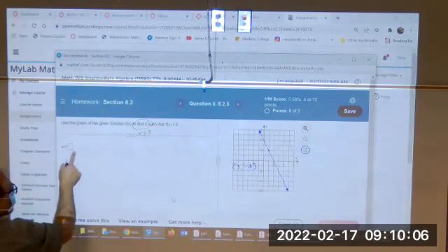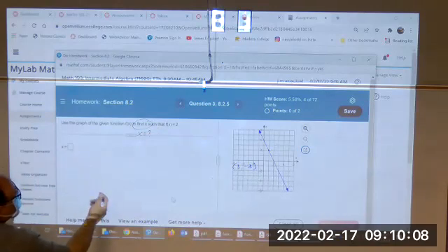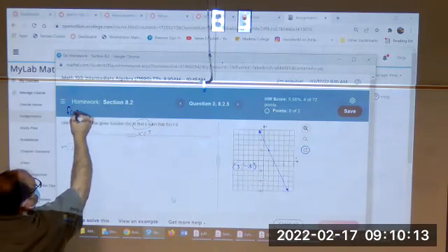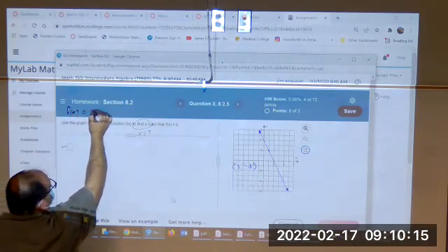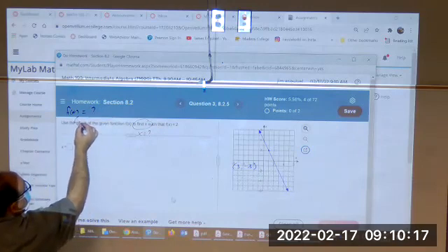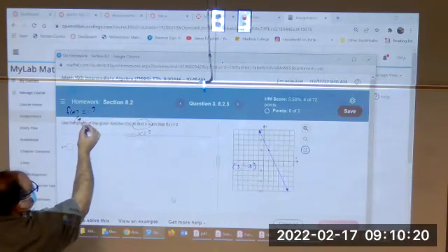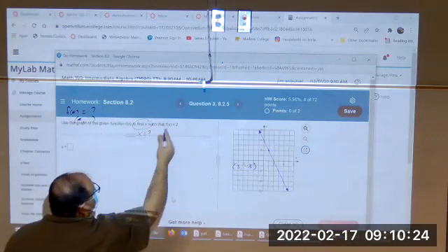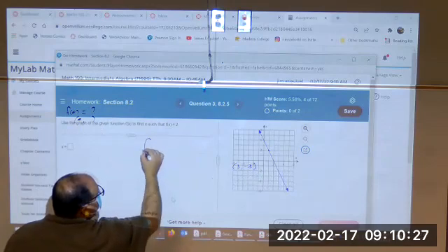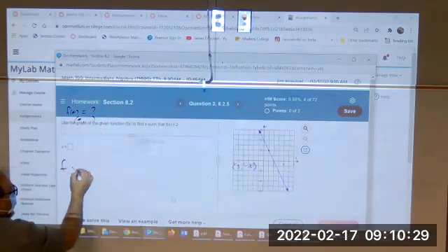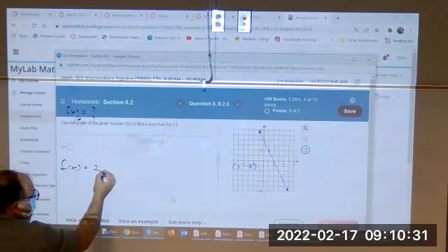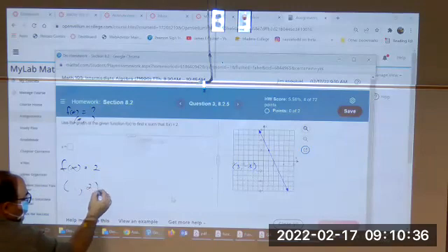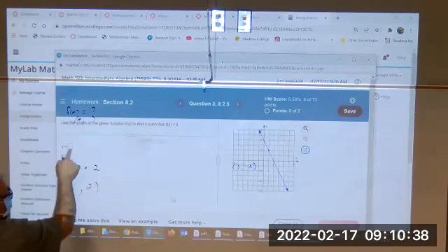On questions 1 and 2, they wanted to know what f of some number equals. So they gave you a number for x, and you had to figure out what the y was. Now they're giving you, in this problem, f of x is equal to 2. So they're giving you the y coordinate. You're supposed to find the x coordinate.